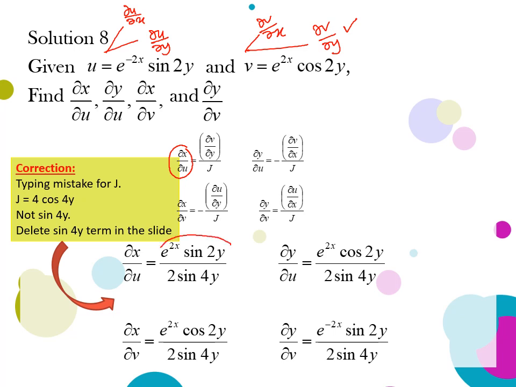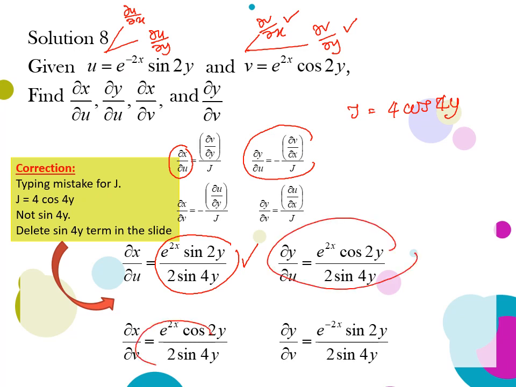So apply into the formula, you should get this. Alright, same goes to this. To find del y del u, you need negative of del v del x over the Jacobian just now, which is 4 cos 4y. So you simplify, you will get this and continue.